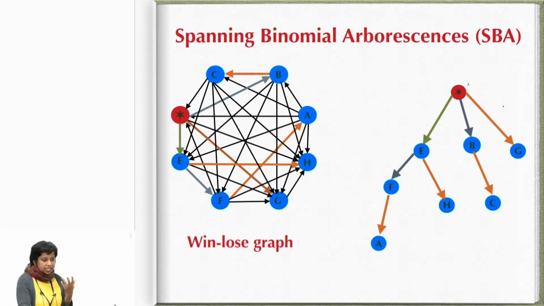So the question is, does there exist a rooted tree in this win-lose graph where the edges are all pointing downwards, the root is favorite, and some more additional properties are satisfied? Are you still here with me? Okay. All right. So this is what we call an SBA.